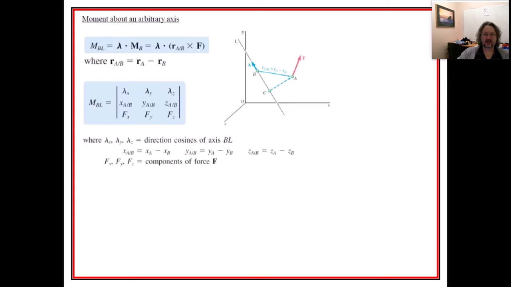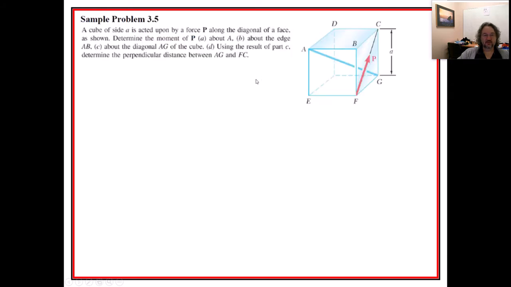We'll try to find an application where we see this. Right here, I guess we're just saying this about an arbitrary axis. So this is sort of interesting. Sometimes we might want to do this particular thing, where we have this point A, where the force is applied, and we want to find the moment that's caused by this, and then we want to see what's happening right here.